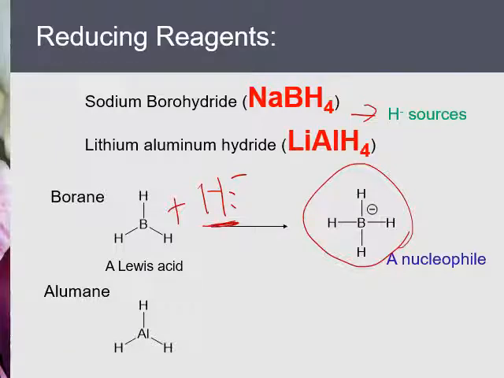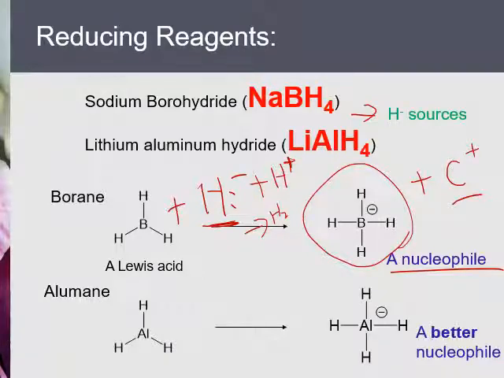Hydride is a base that reacts with a positive charged proton. They form hydrogen gas. Borohydride, since it has a larger size than hydride itself, likes to react with positive charged carbon, and therefore it's a nucleophile.